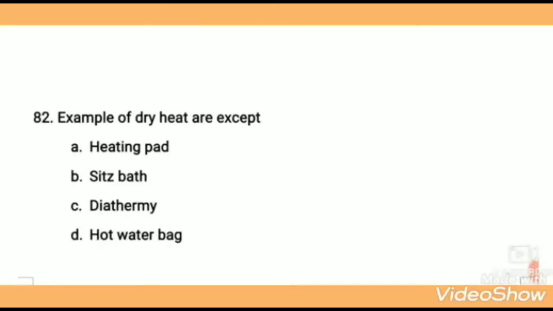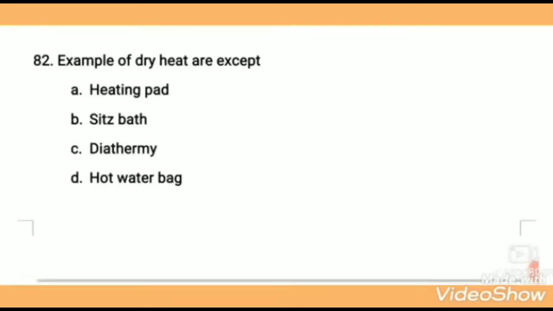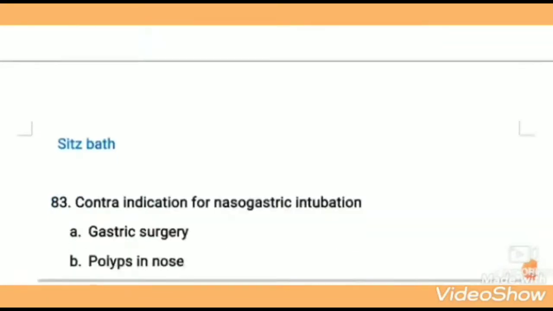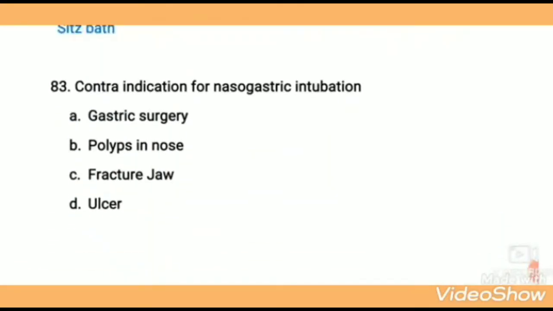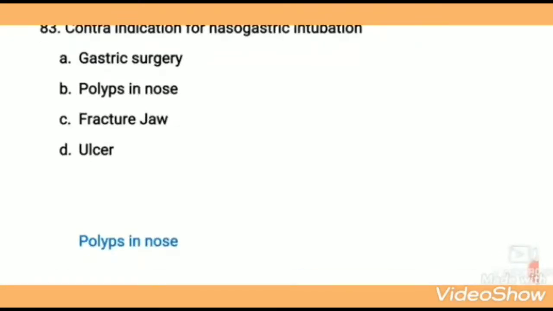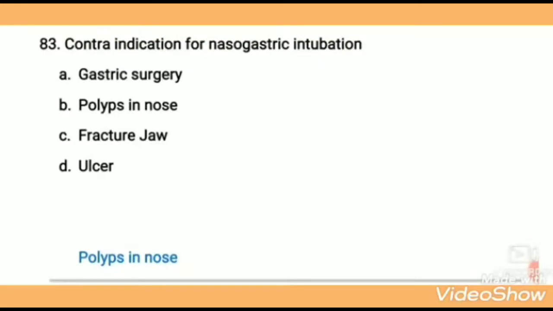So the correct answer, examples of dry heat are, except sitz bath. Next question. Contraindication for nasogastric intubation: gastric surgery, polyps in nose, fractured jaw, or ulcer. The correct answer, contraindication for nasogastric intubation is polyps in nose. Next question.